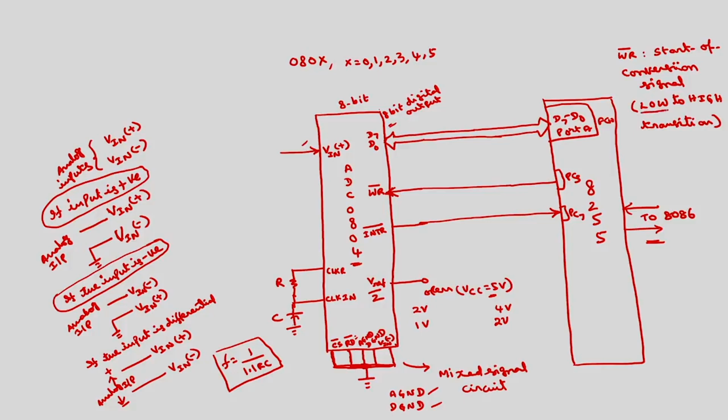Whenever this WR bar is low, this ADC will be reset. Whenever it goes to high, this will start conversion. So low means this will reset the ADC, and whenever this is high, conversion begins.